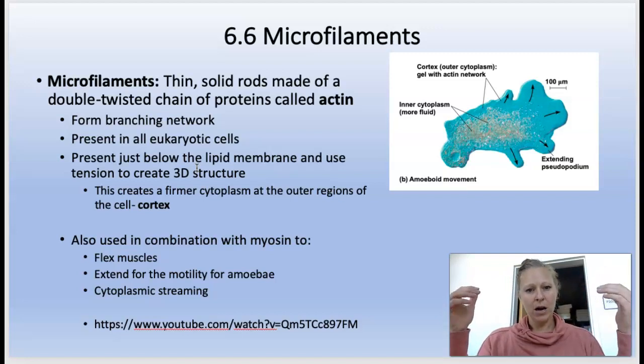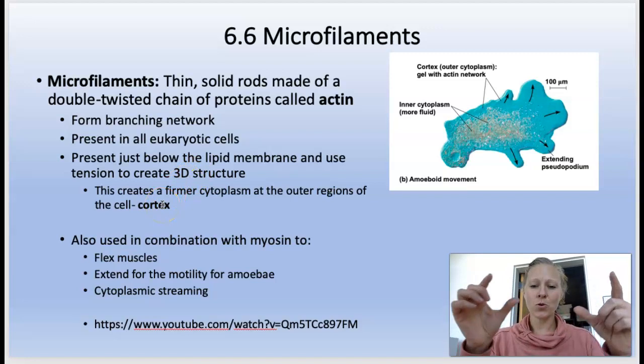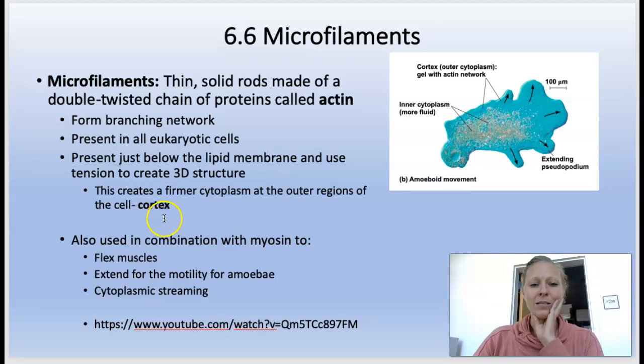And because there's so much pressure on that cytosol, it's going to create a firmer region on the outside of the cytosol, so that goo becomes more dense, and that's called a cortex of the cell. That outer region is more firm because there's greater pressure being applied by these microfilaments.